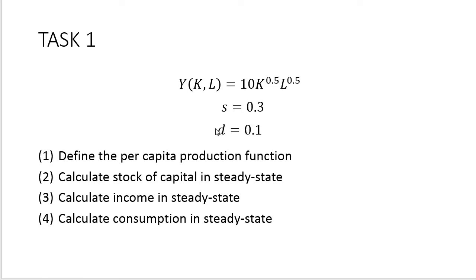And we assume the depreciation rate to be equal to 0.1 or 10%. So first you have to define the per capita production function, calculate the stock of capital in steady state, calculate income in steady state, and calculate consumption in steady state. So if you'd like to practice, please put this video on hold and I will proceed with the solution.